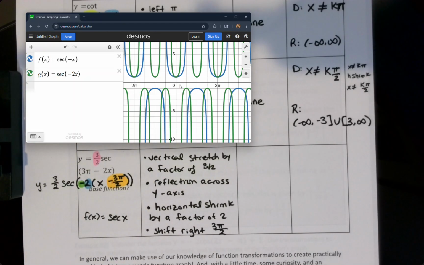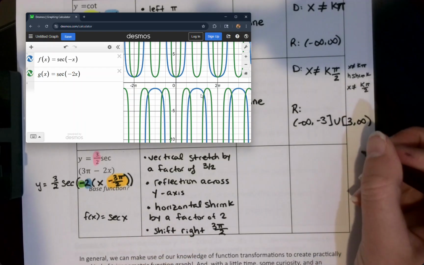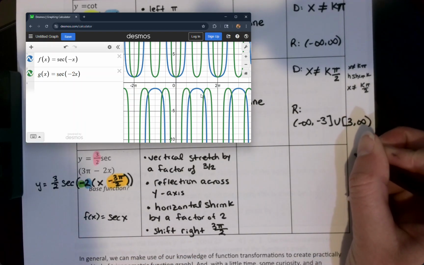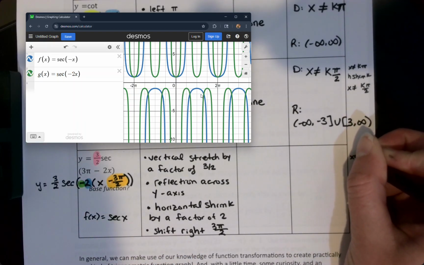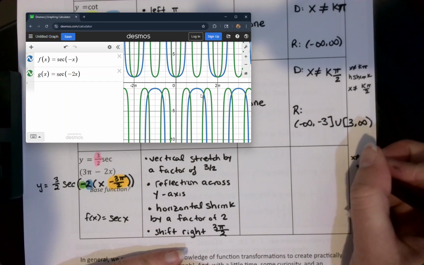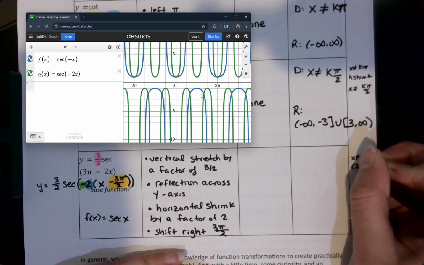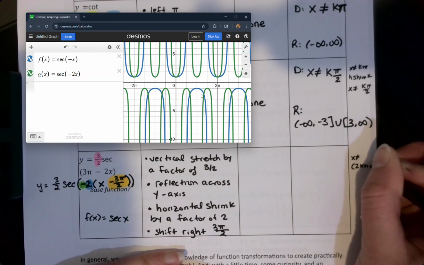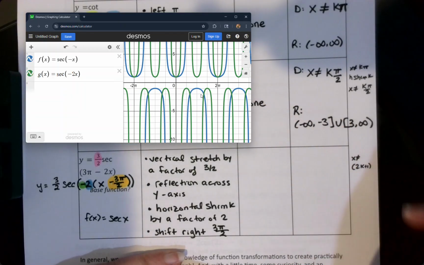Okay, so horizontal shrink is changing where the asymptotes are. So let's talk about our domain here. The domain would have originally been on the secant function, odd multiples of pi halves. X is not equal to the 2k plus 1 pi halves.